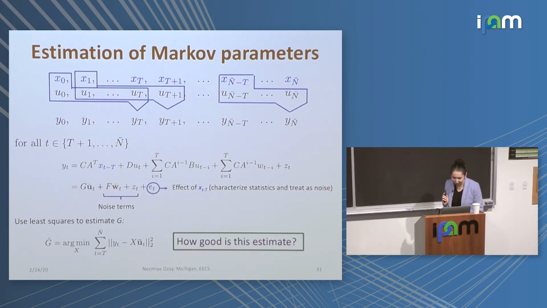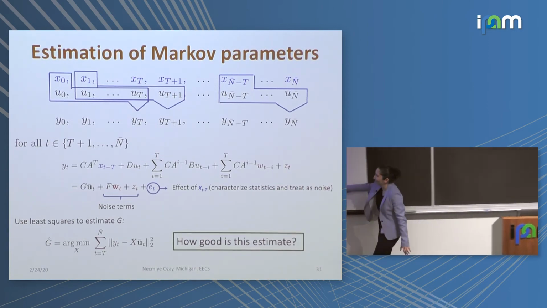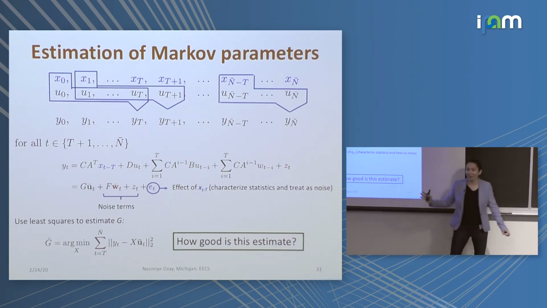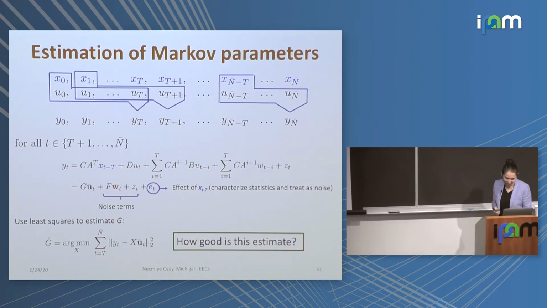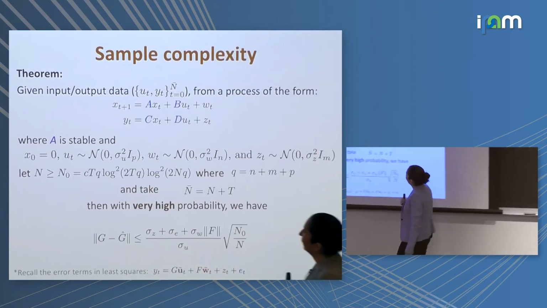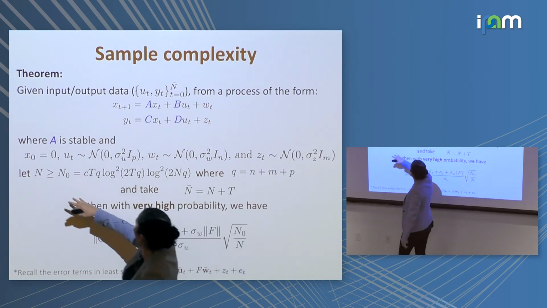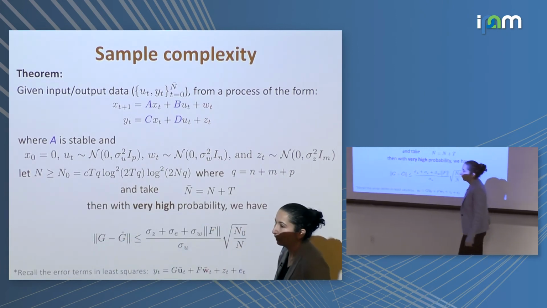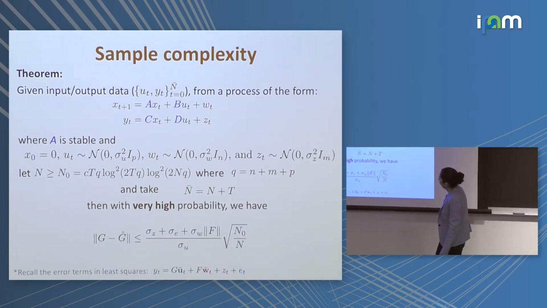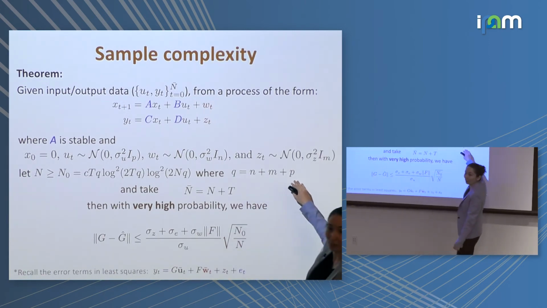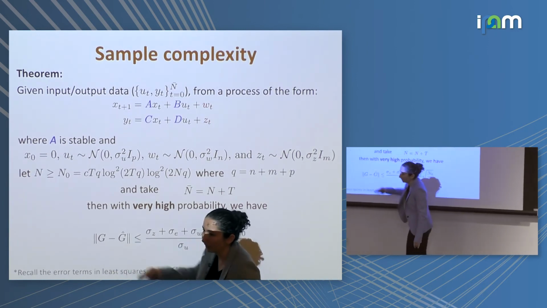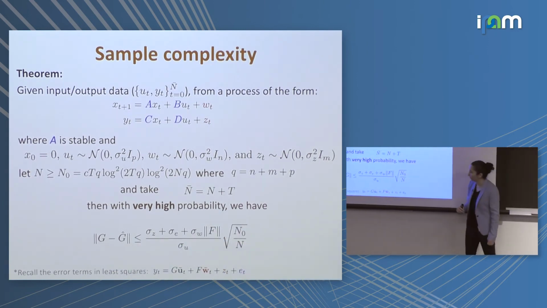Okay. So the question I will try to understand is, I am doing this least squares. Maybe it's not the best thing, but how good is it? And it won't be too bad. So this is kind of the result. If you pick your n large enough, roughly growing linearly with t, and your other system parameters, inputs and outputs, with very high probability, the error of this estimate looks like this.